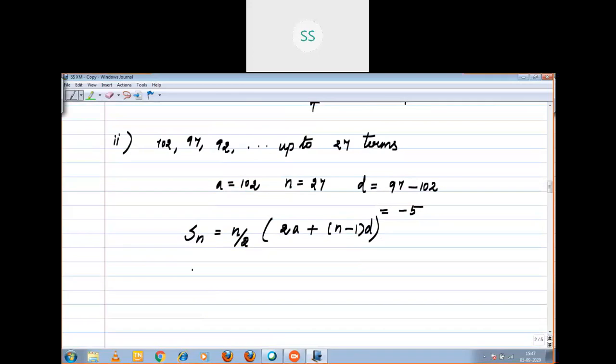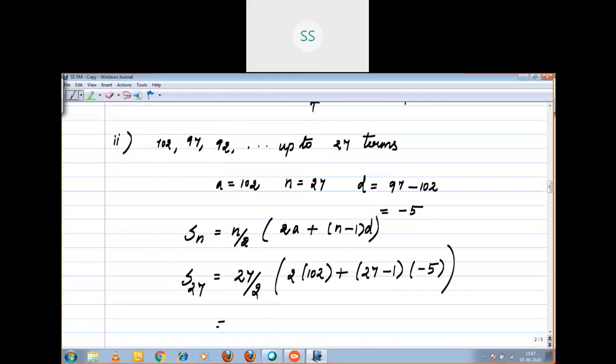Now, S27 equal to 27 by 2 into 2 into 102 plus 27 minus 1 into minus 5, which is equal to 27 by 2. 2 into 102, how much? 204 plus 26 into minus 5, right? 27 divided by 2, 204 minus how much? 130.